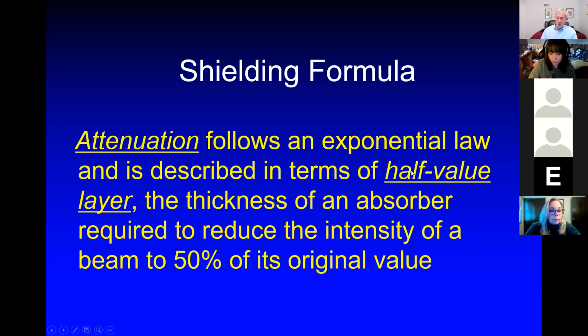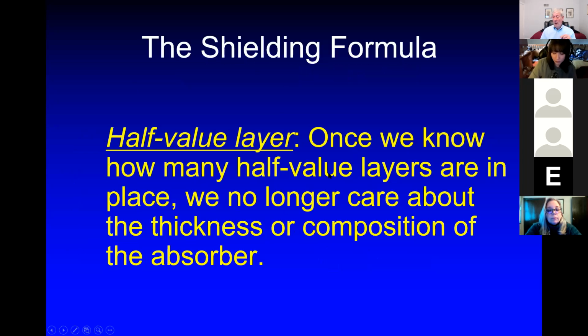So we are dealing with what we call the half value layer. That thickness varies all over the place depending on whether the absorber is lead or aluminum or paper or whatever. So the half value layer is defined as the thickness of an absorber that will reduce the beam intensity to 1/2 of its original value. And once you know how many half value layers you've got, all you care about is N. What's the number of half value layers?